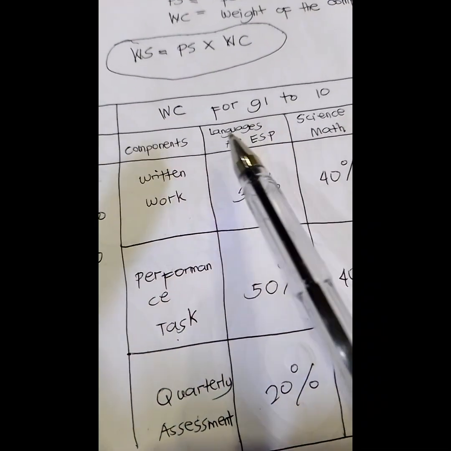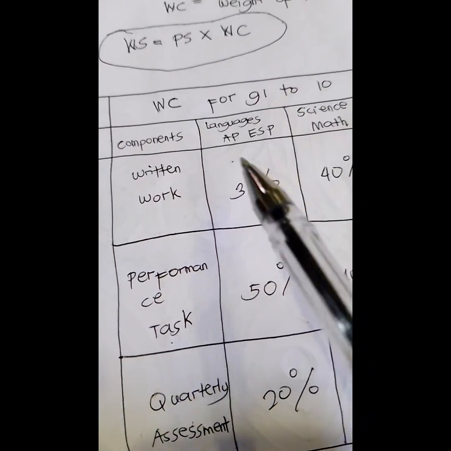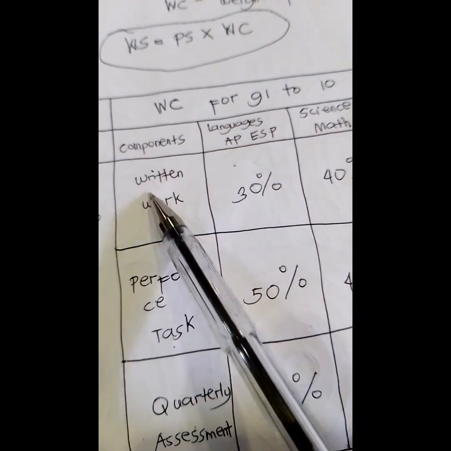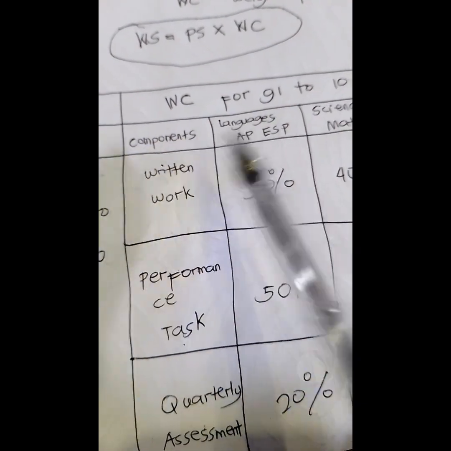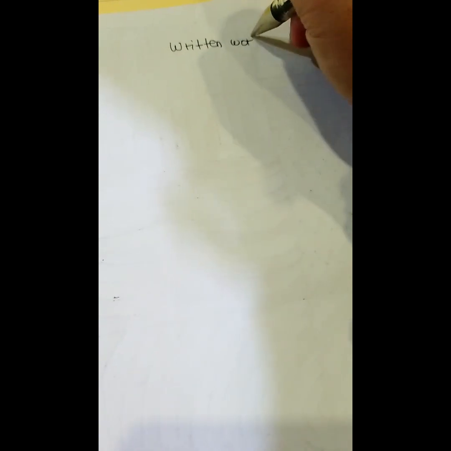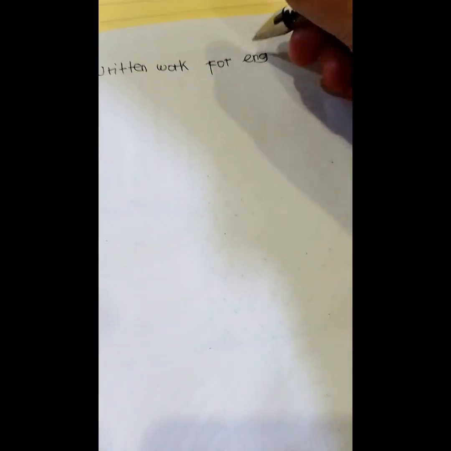English subject belongs to languages. So, the written work has a component weight of 30%. So, the written work for the English subject, just a while ago, the weight of the component in written work is equal to 30%.